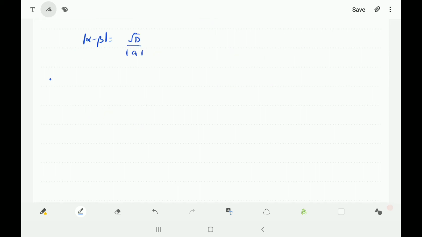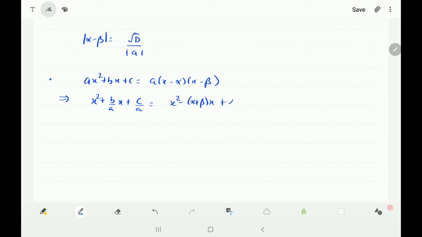Now you can also calculate the sum of roots and product of roots from a different approach. I can write ax square plus bx plus c as a times x minus alpha into x minus beta because alpha and beta are roots of this equation. If I divide by a on both sides, I will get x square plus b by a x plus c by a, which is also equal to x square minus alpha plus beta x plus alpha beta.